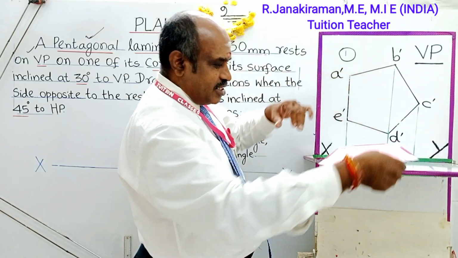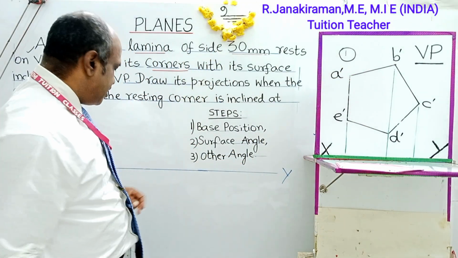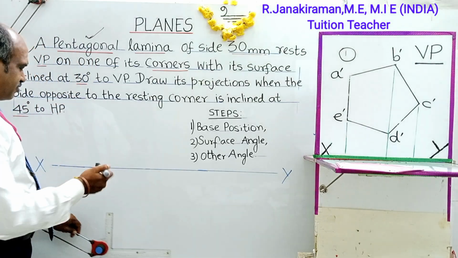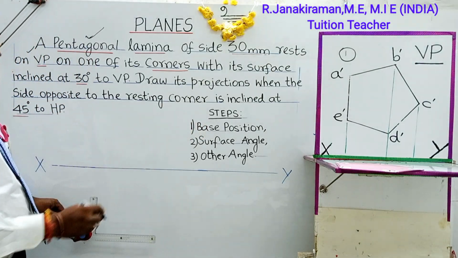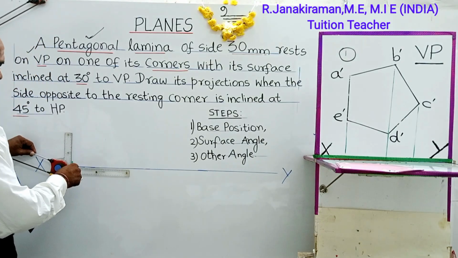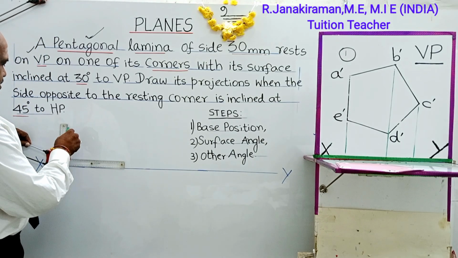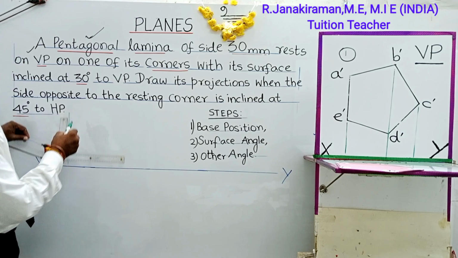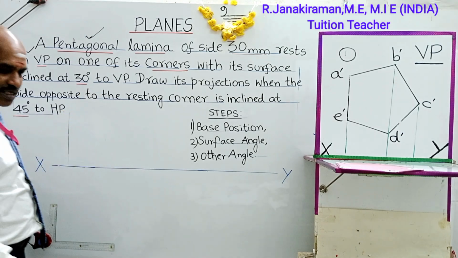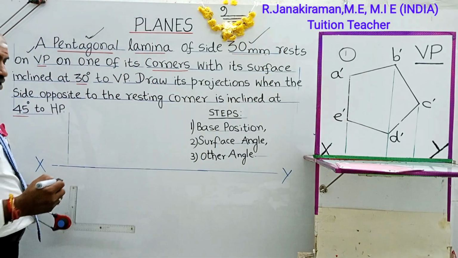So let me draw this diagram on the marker board or on the sheet using the drafter scale. First, draw a horizontal line called the XY line. It's a reference line. Perpendicular to the XY line, above the XY line, draw one vertical line using a 2H pencil like this. The side of the pentagon is given as 30 mm, which means 3 centimeters.